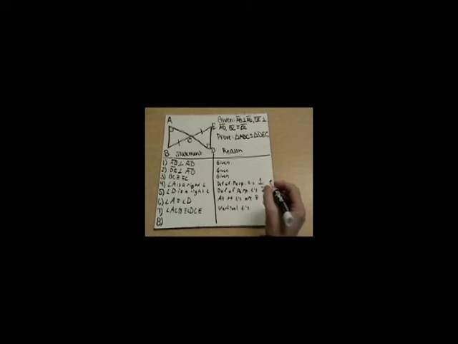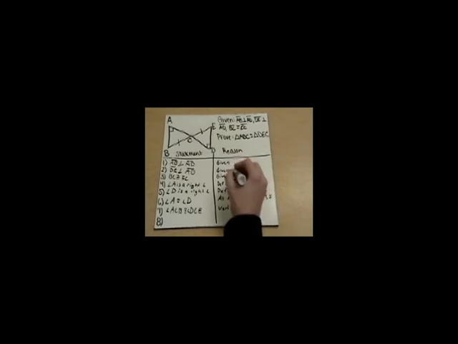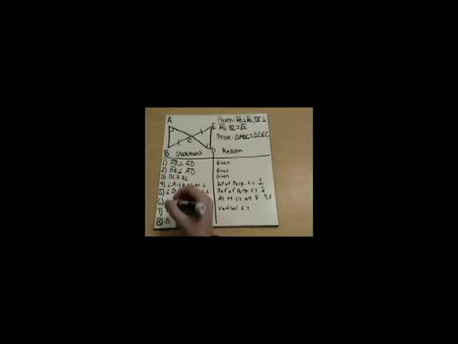And then I think we have enough there because line 3 gives us a side, then line 6 gives us an angle, and then that gives us an angle. So that gives us angle side angle. And that means that we can prove this.